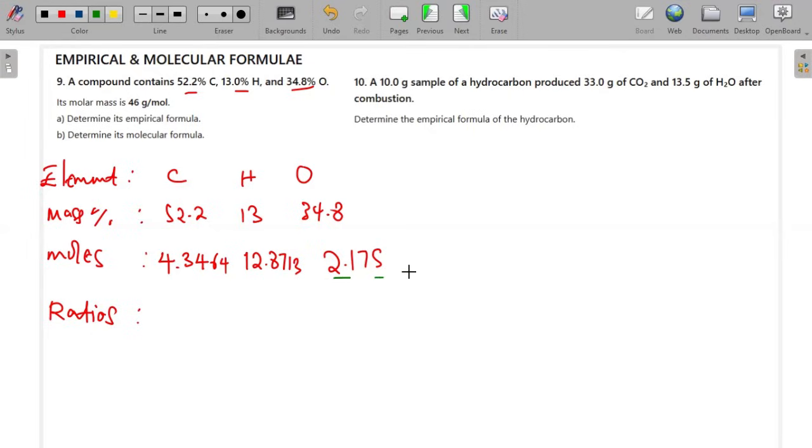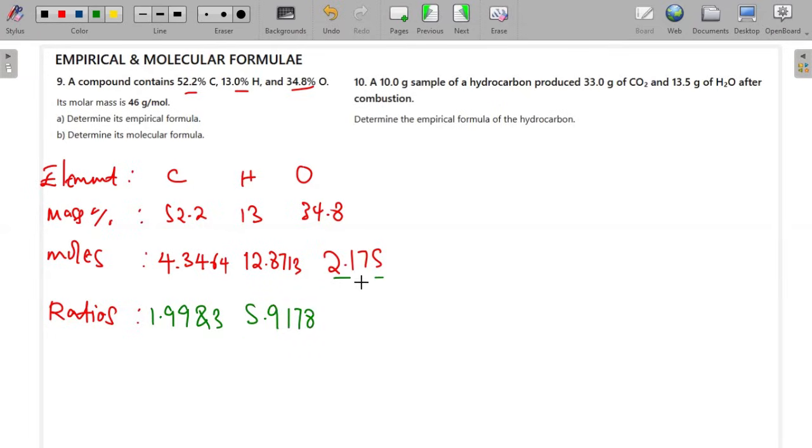The first one is 4.3464 divided by 2.175, which gives me 1.9983. Then 12.8713 divided by 2.175 gives me 5.9178.